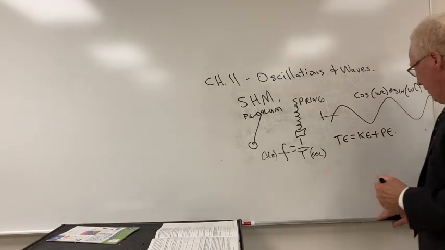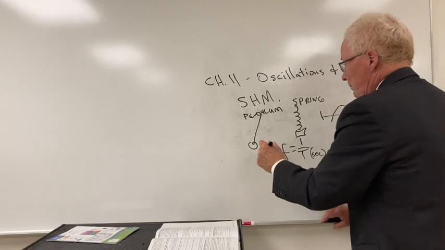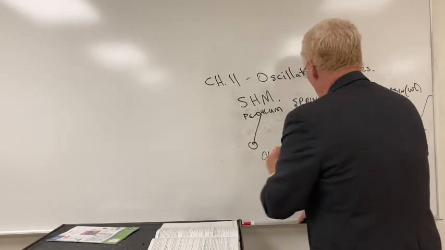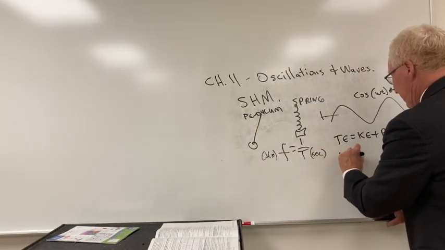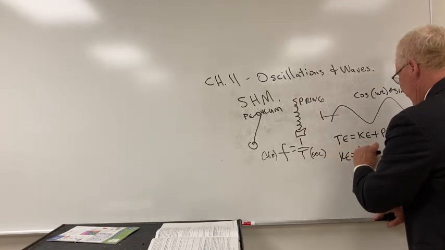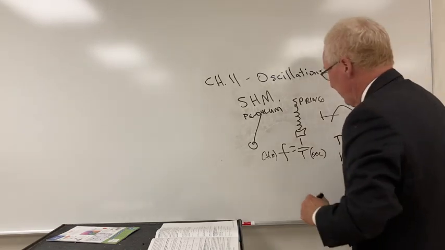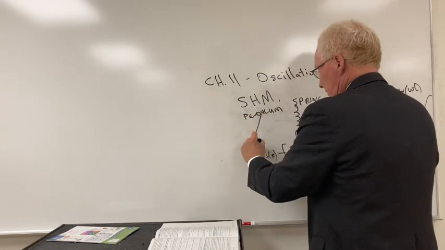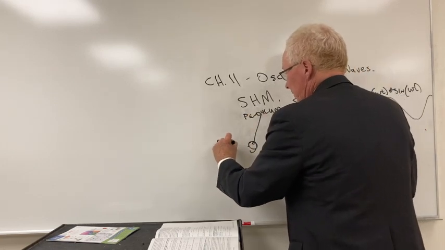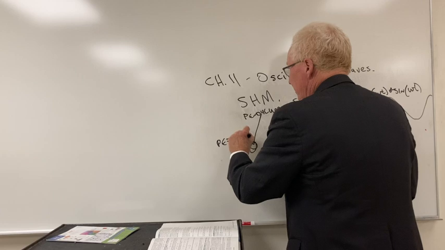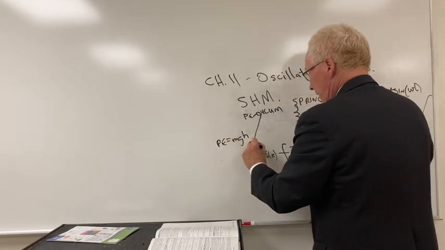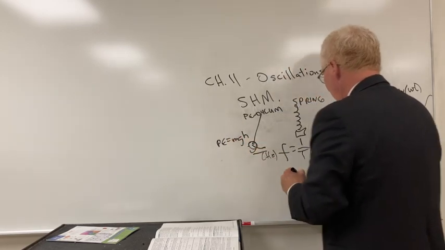All right, all of them have kinetic energy of 1/2 mv squared. For the pendulum, the potential energy is mgh, or how high the pendulum is above its lowest point.